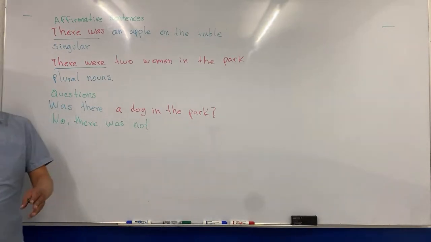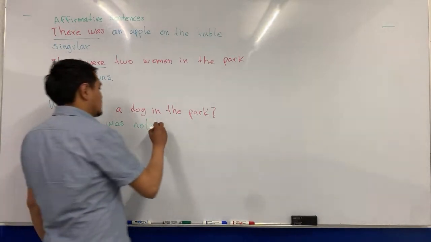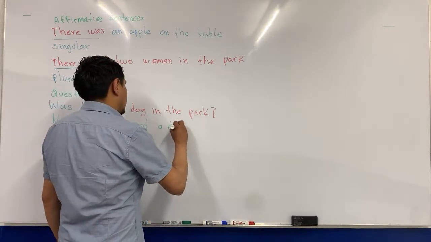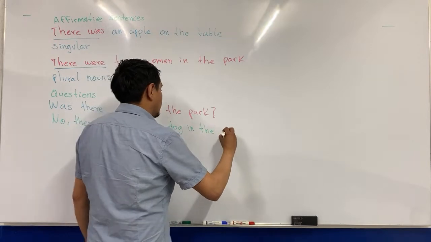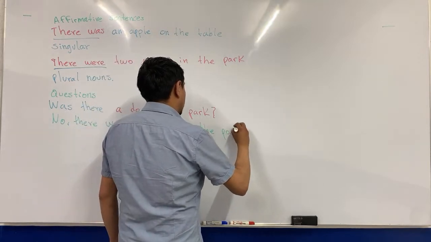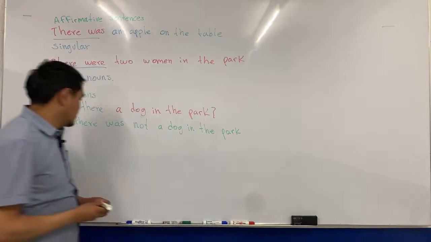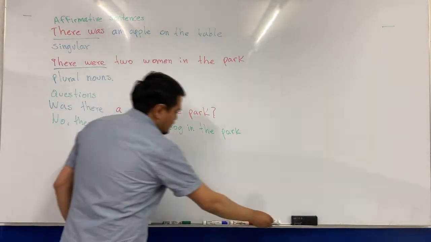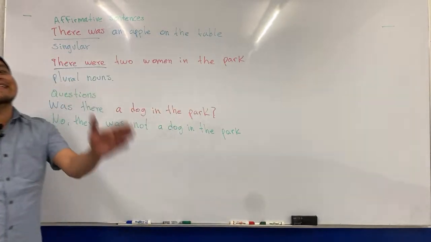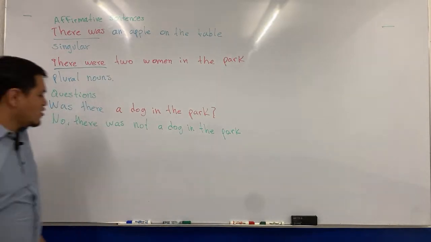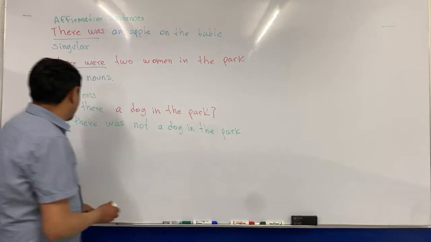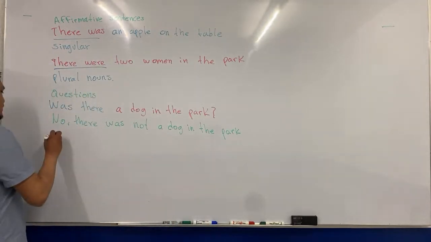There was not a dog in the park. Right? Next, this is for questions, right? Now is the turn for the negative.